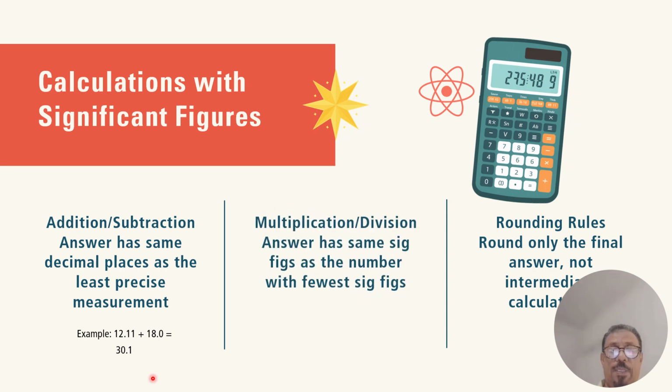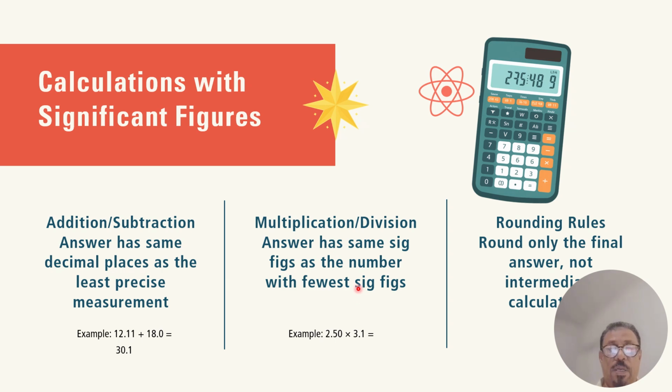This is the case of subtraction and addition. What about multiplication and division? The answer has the same sig fig as the fewest sig fig. So always in this case, in multiplication and division, the least will win. I'll give you an example here. 2.50, there are 3 significant figures, times 3.1, there are 2 significant figures.